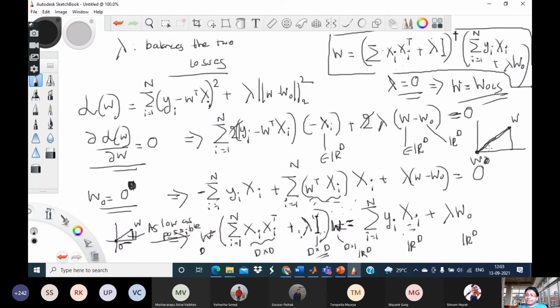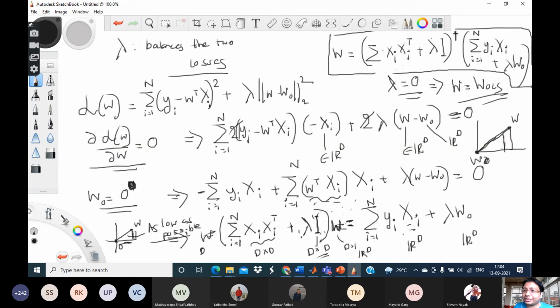I can say that these two things will also have to get constrained, right? If I am making this distance smaller and smaller, as small as possible without compromising too much on the other loss, then obviously both these as well as this will have to come down, isn't it? There is no way any of them can go up.